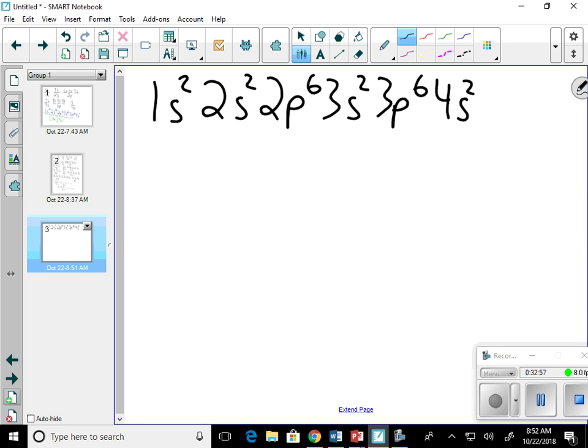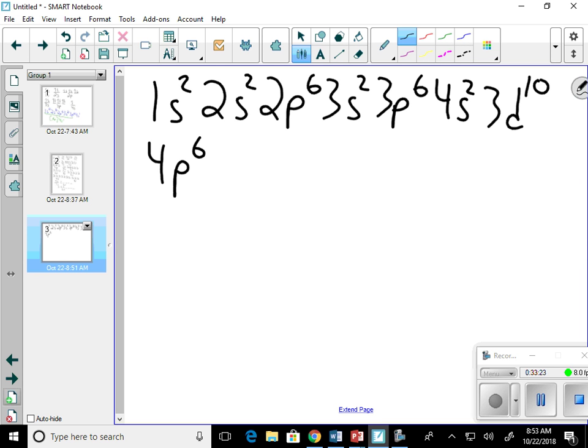Not 8. Oh. 3d10. And I'm running out of room, so I'm just going to keep on moving over now. Caden, after 3d10 comes 4p6. Again, all we're doing is taking our orbital notation and rewriting it.